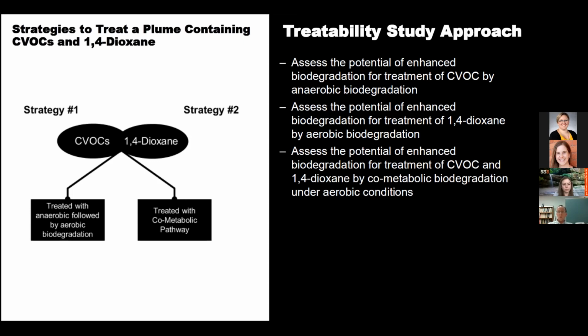In the case of anaerobic, it's some sort of carbon source, usually an emulsified vegetable oil or a lactate. And then depending on what we see happening, it may be necessary to add some sort of commercial inoculant. And then the same goes for the aerobic conditions, which is usually just using the same type of treatments, but adding oxygen to make sure the conditions stay aerobic.